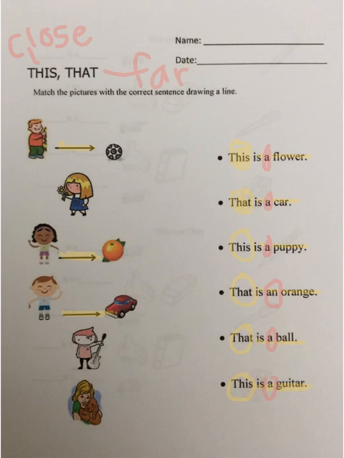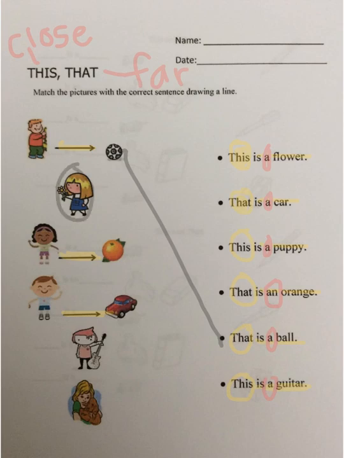Okay, so our first picture now. I see a boy over here with a soccer ball, but the soccer ball does not look close. I am going to use that. That is far away, not close. So I'm going to match it to that is a ball. Now we're on the girl right here with a flower.